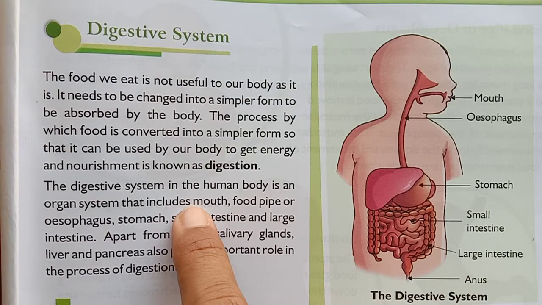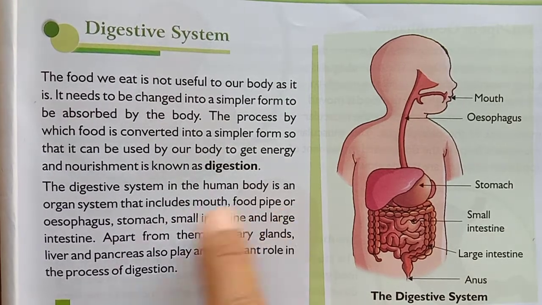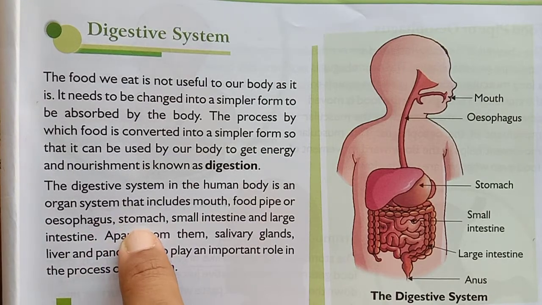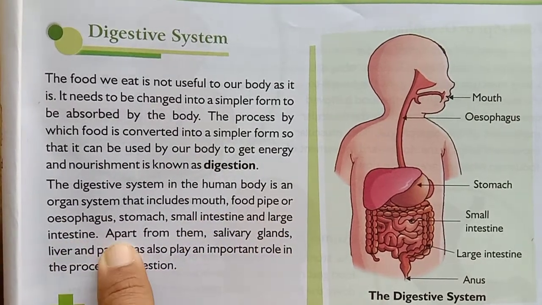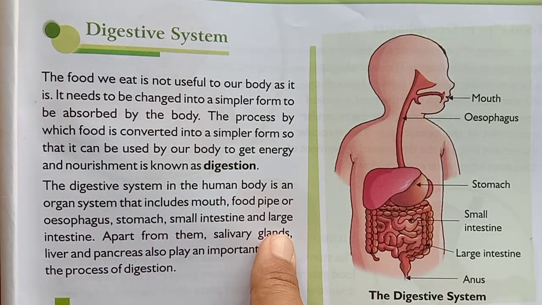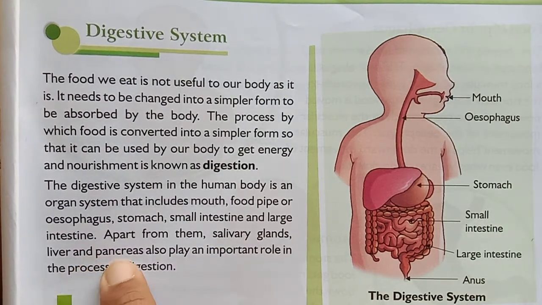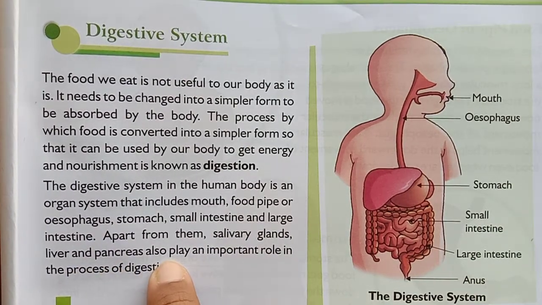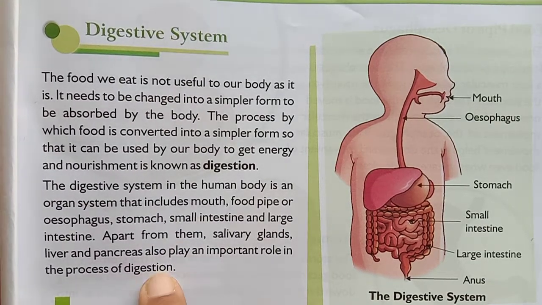Other things are also included there: the food pipe, or we will say esophagus, and the stomach, small intestine, large intestine. Apart from them, salivary glands are there in the mouth, and the liver and pancreas are there, and they also play an important role in the process of digestion.